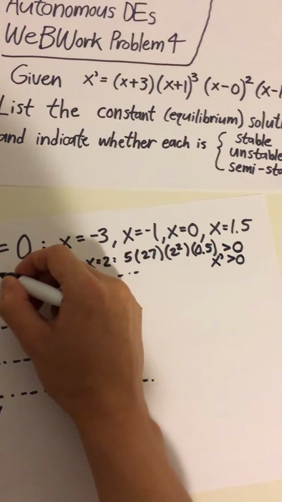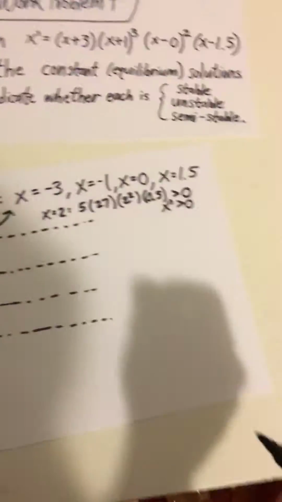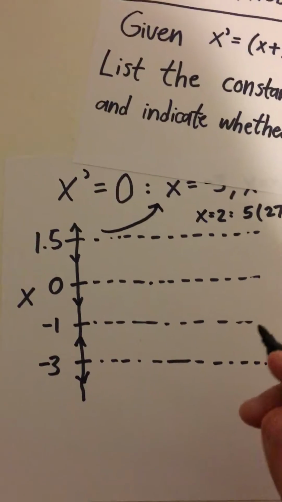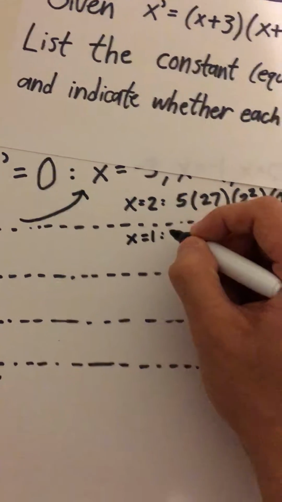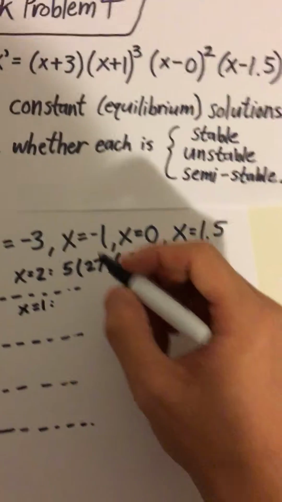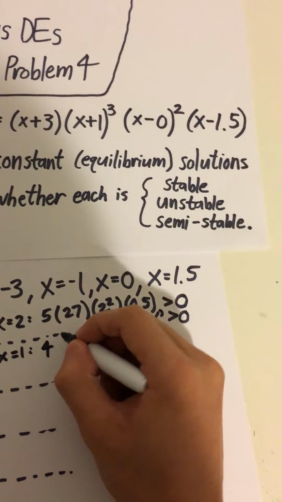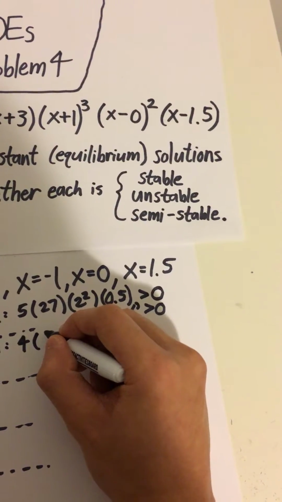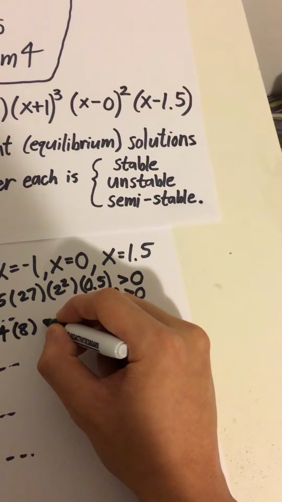So we know that it's going to look something like this, since the derivatives are going to be positive. When x is in between 1.5 and 0, let's say for x equal to 1, then let's check up there. We have 1 plus 3 is 4. 1 plus 1 is 2, times 2 to the third power is 8. 1 minus 0 is 1, squared is 1.